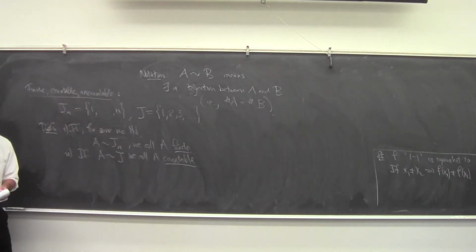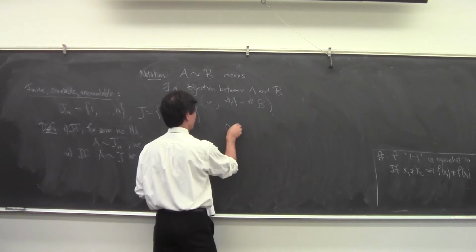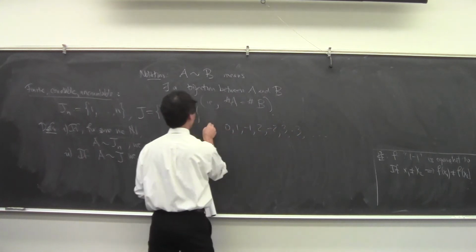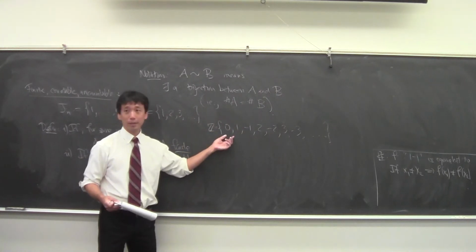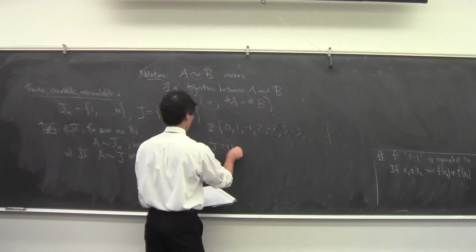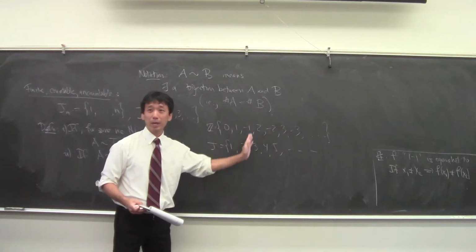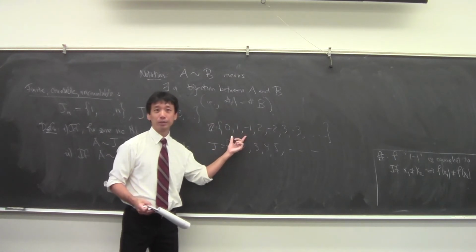So, for example, if we look at the integers, 0, 1, negative 1, 2, negative 2, 3, negative 3, etc., here are your integers, then we can make a one-to-one correspondence between that and J. J is 1, 2, 3, 4, 5, and so on. And so the integers are countable.